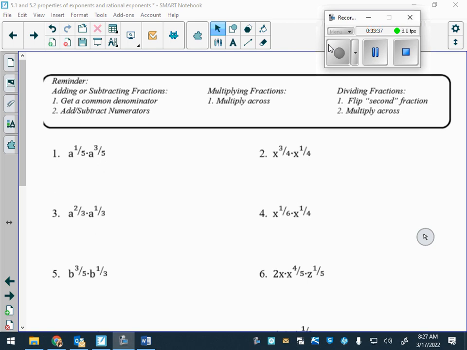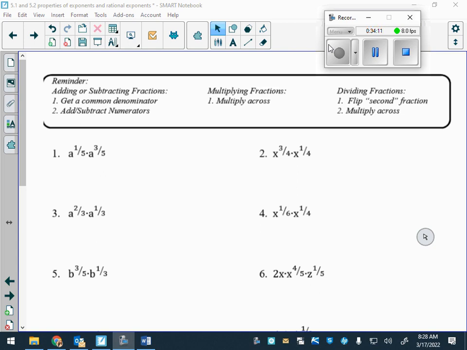And number 11, x to the 2/5 is correct, but the 3 should still remain where? In the denominator. That wasn't affected by any sort of exponent, so it just stays where it is. Then this is correct. For number 12, the last thing we could just do is multiply 3 times 4 and keep everything else the same. 3 times 4, and then a to the 8th, b to the 3/5.